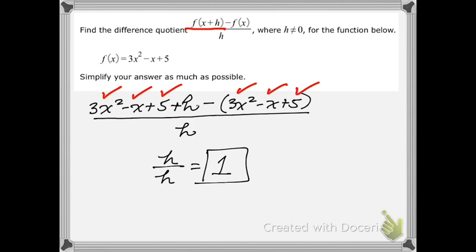So if you ever are doing a difference quotient problem and you come out with an answer of 1, you're wrong. You made the most common error that students make on this. So hopefully, if you see that you made that error, you can go back and fix it. But if you can't go back and fix it, at least you can acknowledge it and know that that's the error that you made.